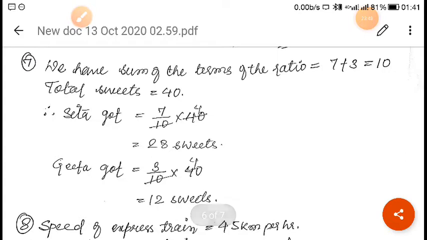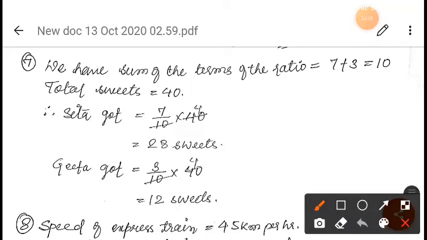Now the next question is question number 7. Here it is given: if 40 sweets are to be distributed between Sita and Gita in a ratio of 7 is to 3, how many sweets would each get? First of all, see how to tackle this type of question. First of all, you add the ratio. 7 is to 3 is given, right?